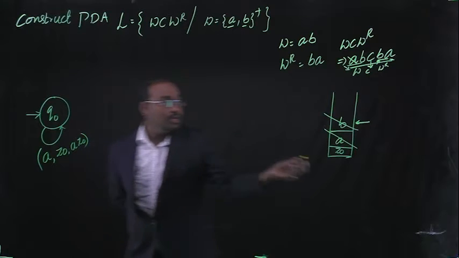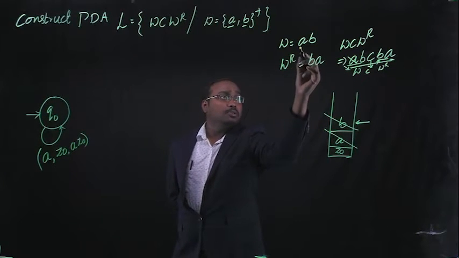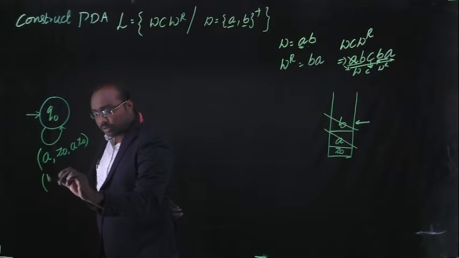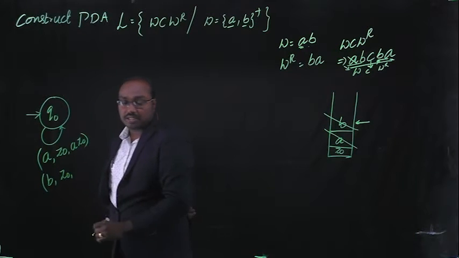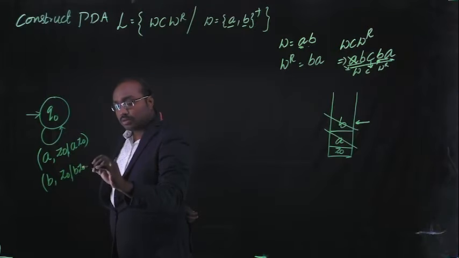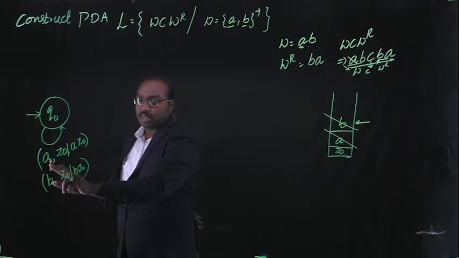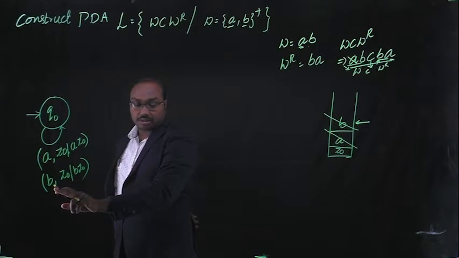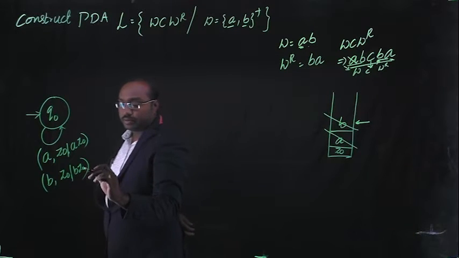The input starts with either A or B. If the input symbol is B and the stack's top is Z0, then push that element also into the stack. So if the input starts with A, push it into the stack; if it starts with B, also push it into the stack.